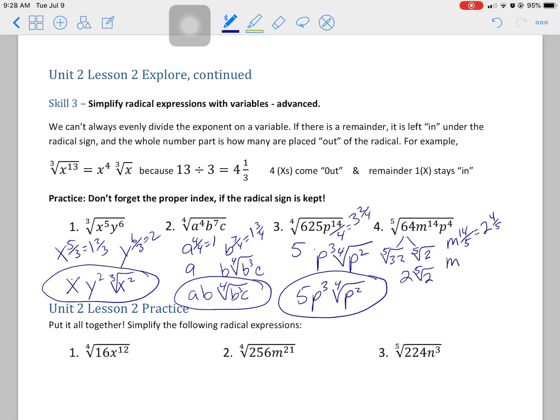So this is going to be m squared, 5th root of m to the 4th in there. And then the p's all stay in there because there isn't a whole one there. All right, so my final answer is 2m squared, 5th root of 2, m to the 4th, p to the 4th. Okay? All right, then I'll do the practice in a minute.